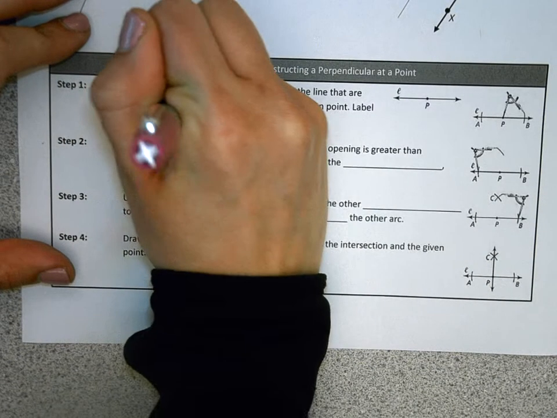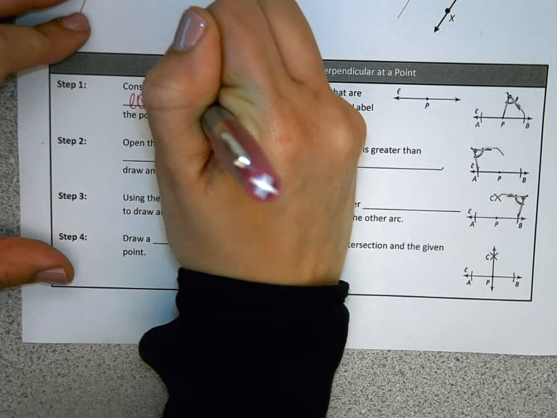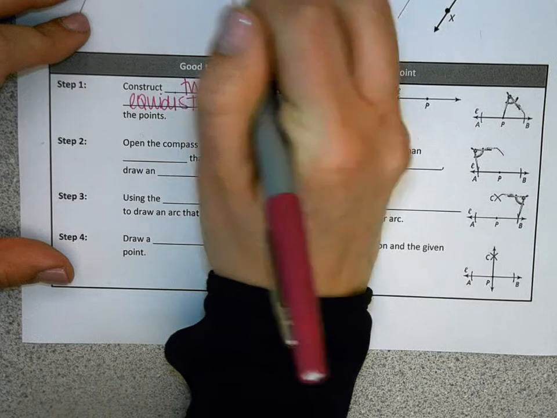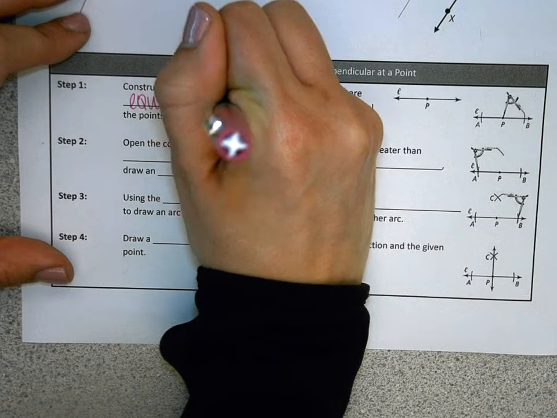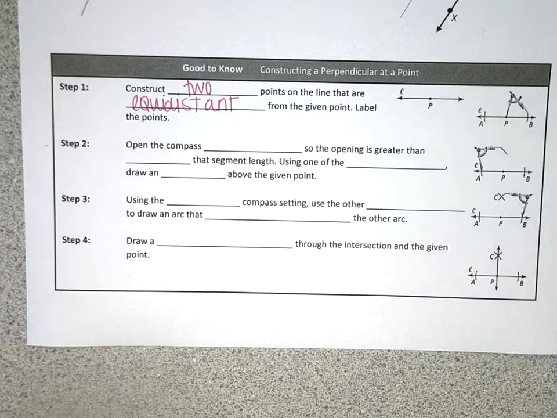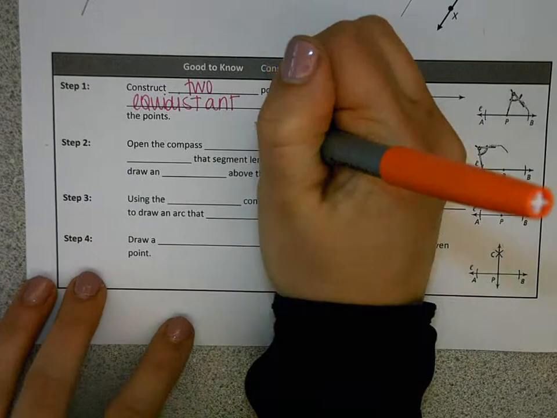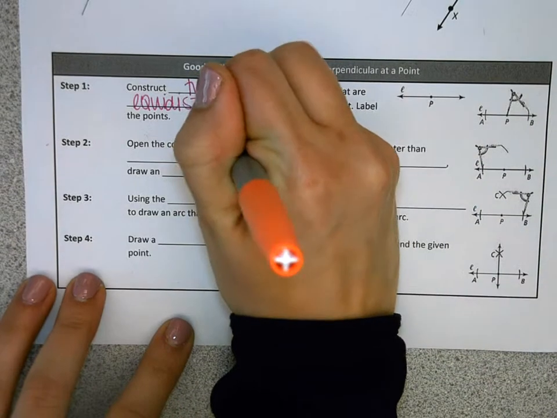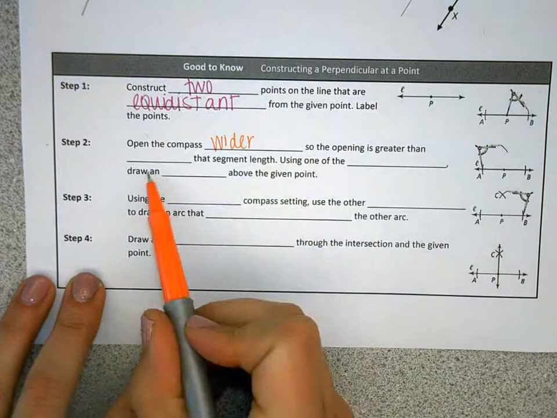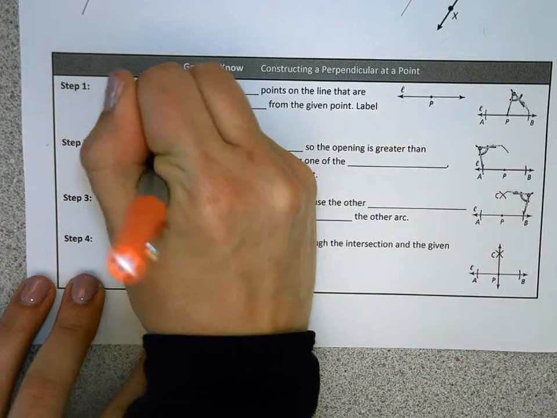Equi meaning equal, distant meaning distance, from the given point, and I will show you how to do that, okay? Then what you are going to do is open your compass wider than it is, so the opening is greater than half the segment length, okay?